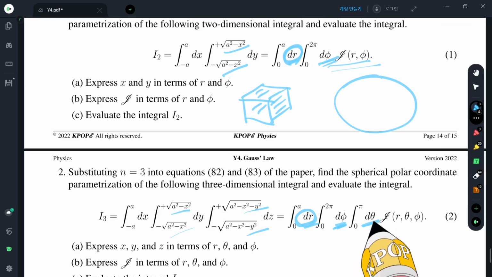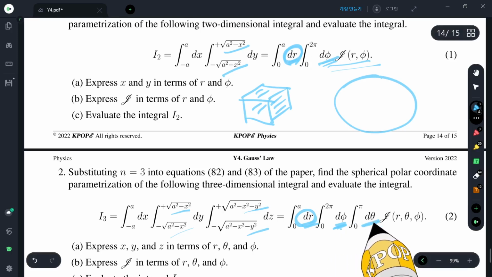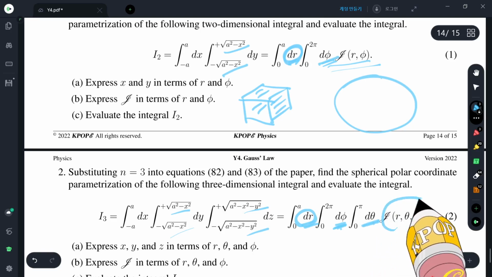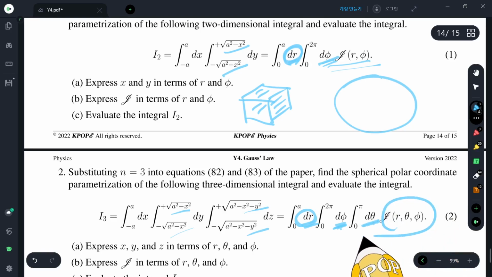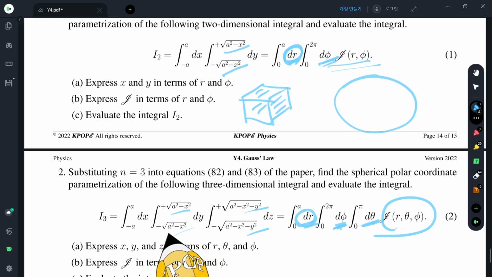We have missed two dimensions here, and that missing dimension of length squared must be included in the Jacobian to make these two integrals the same.